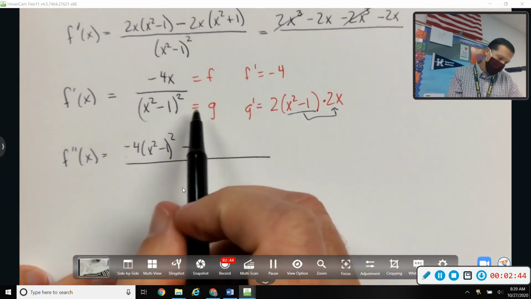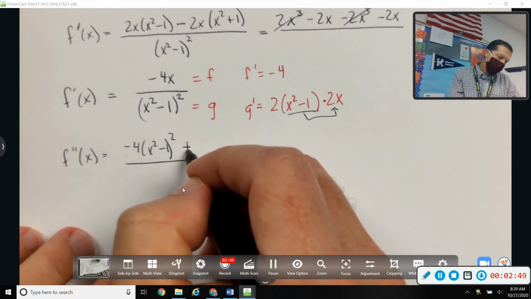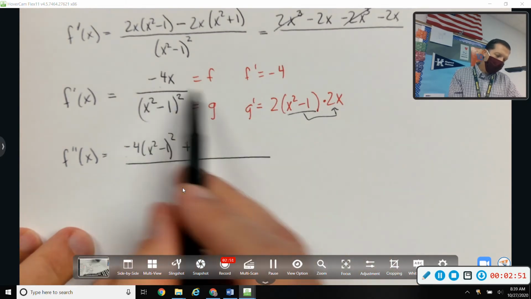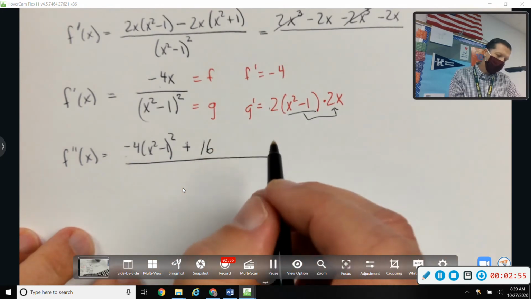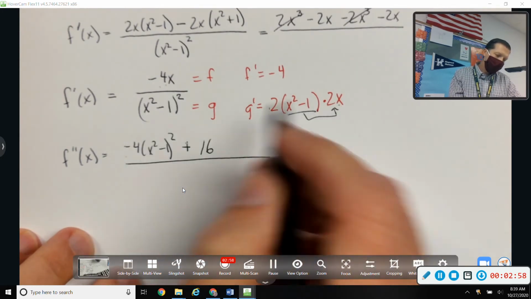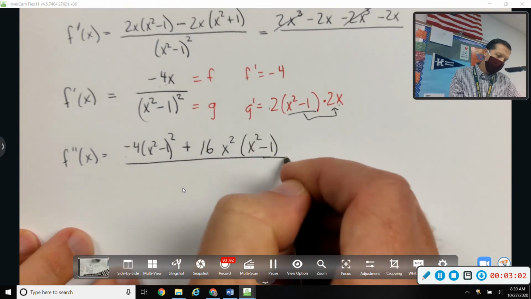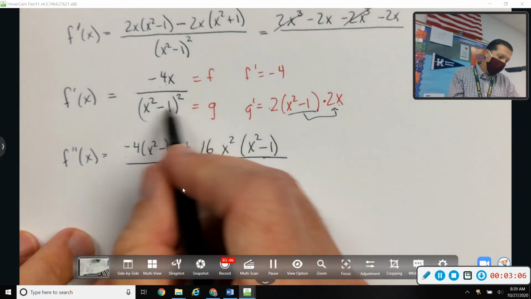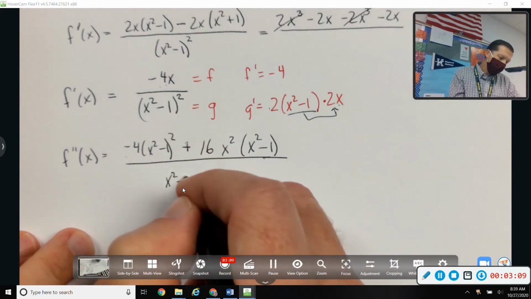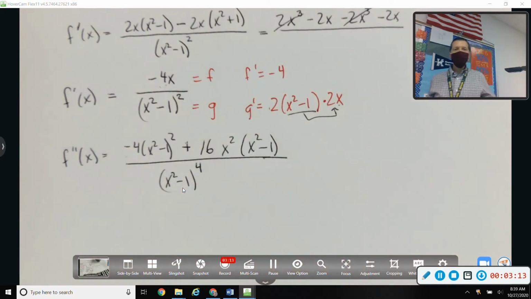Okay, see how much algebra I can do at once here. Minus a negative is going to be plus. 4 times 2 times 2 would be 16 x squared times x squared minus 1, all over the square of g, so that's going to be x squared minus 1 squared squared, or to the fourth. Lovely.